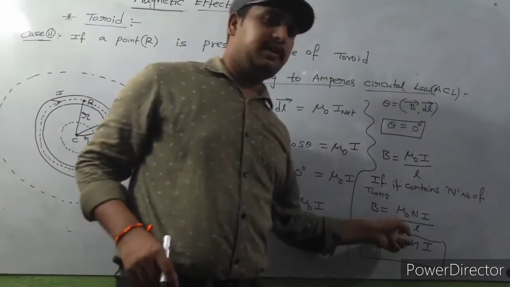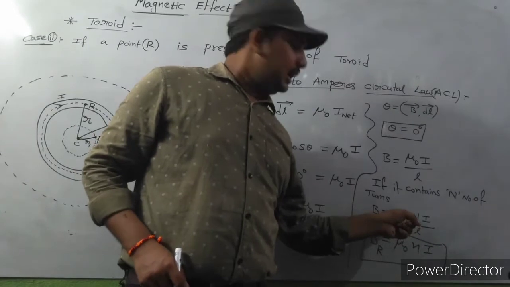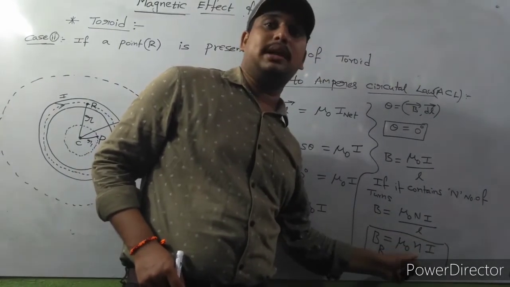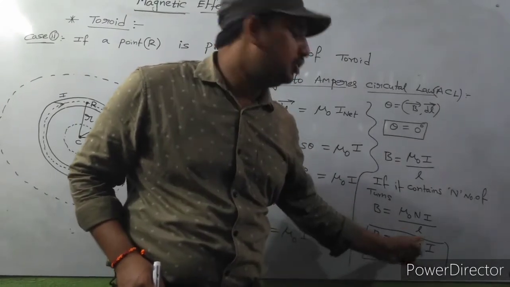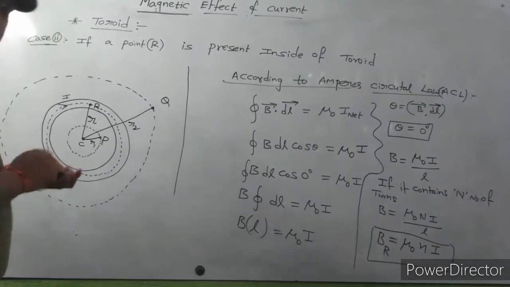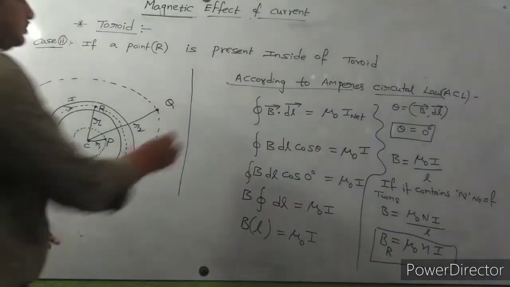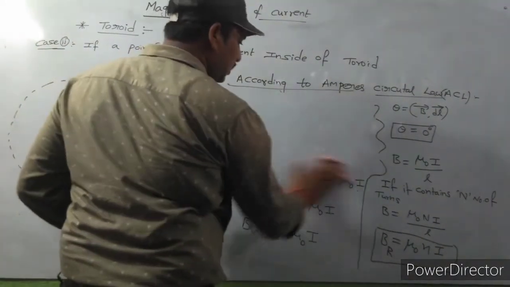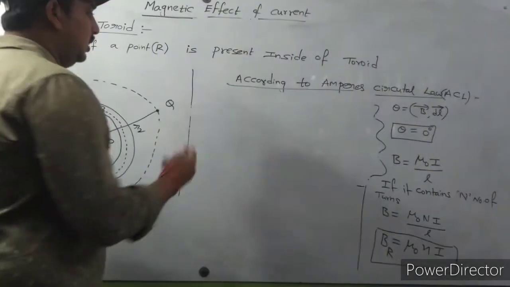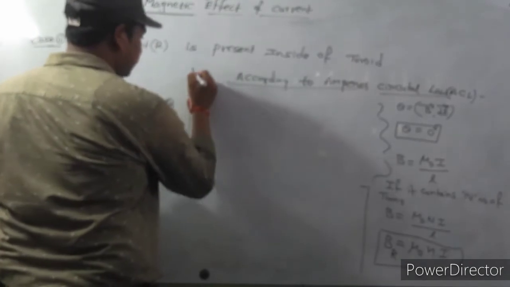Here observe carefully. I replace capital N by L with small n. Why do I replace capital N by L with small n? Finally, what did we get here?